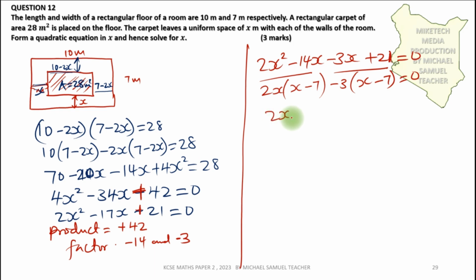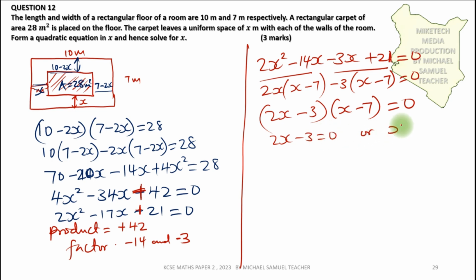Therefore this will be (2x minus 3) multiplied by (x minus 7) equal to 0. Either 2x minus 3 is equal to 0 or x minus 7 is equal to 0. Therefore x will be equal to 3 over 2, which is 1.5, or 7.